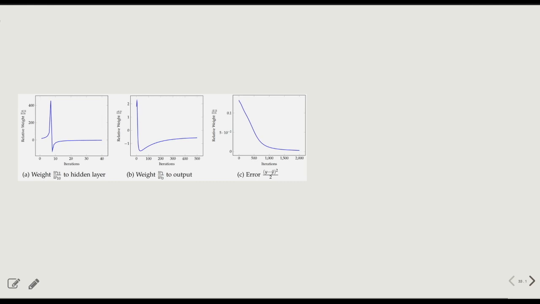The figures here show relative weights and error over time via iterations of repeated training with data. Because in linear equations, absolute values of the weights or coefficients are not important.